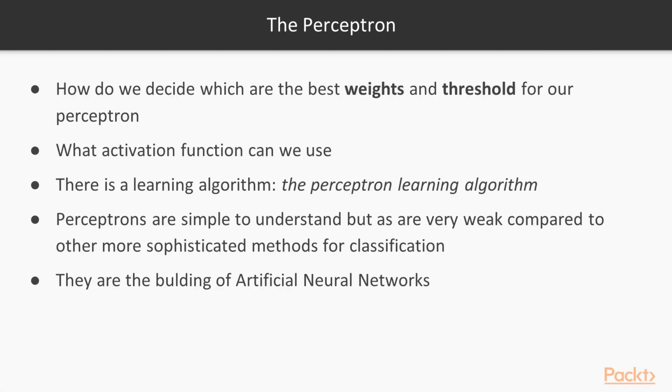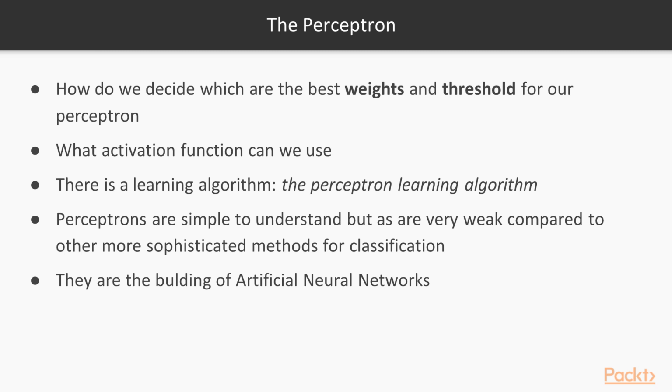Now, maybe you are wondering, how do we decide which are the best weights and threshold for our perceptron? What activation function can we use? Now, the answers for these questions are provided by the Perceptron learning algorithm. So there is a learning algorithm that we can use to actually train perceptrons.